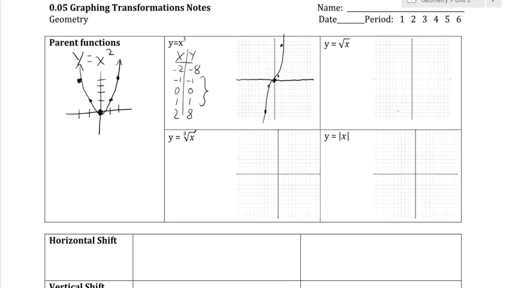Y equals the square root of x, which undoes x squared, square roots and squareds being related like that. It has 3 points that we use: (0, 0), (1, 1), and (4, 2).